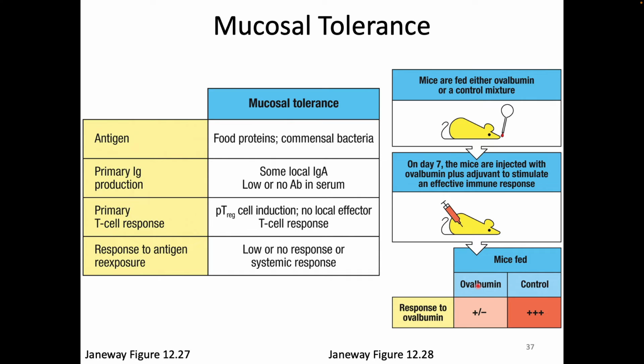This is something that we take advantage of in certain situations with some allergies, in terms of trying to give certain antigens in the GI tract to try to push you to have some Tregs. This is hypothesized to be involved in increasing numbers of peanut allergies, in that a lot of little kids are, in the past, the first time you saw peanuts as an antigen, you saw them from eating peanuts.